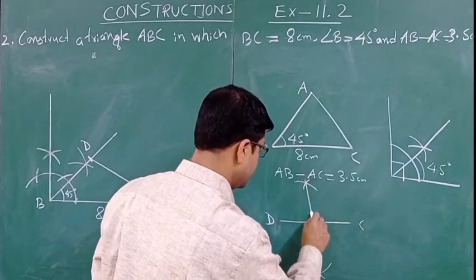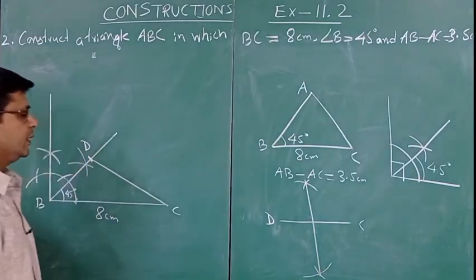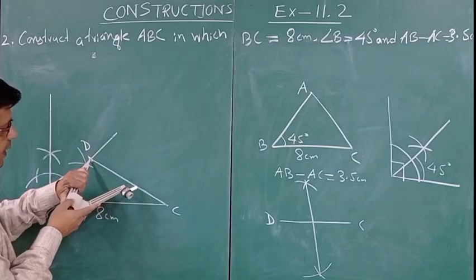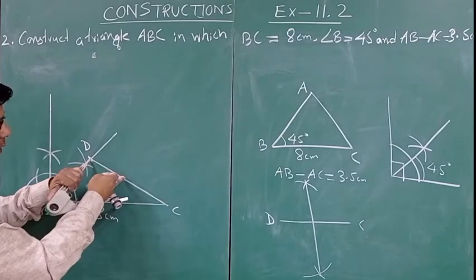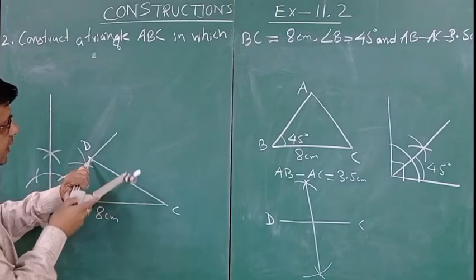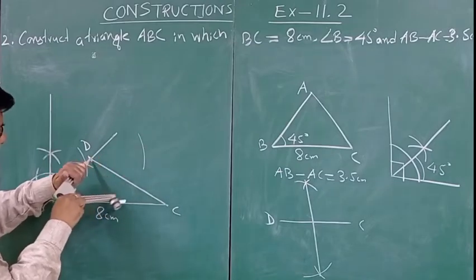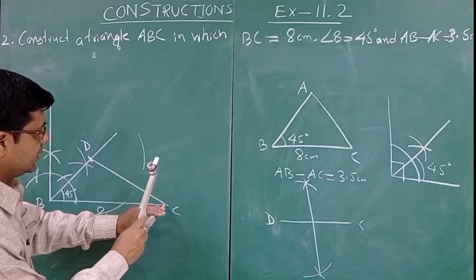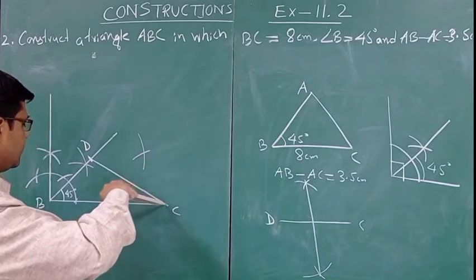This is the perpendicular bisector. Okay, approximately this is half, we have taken more than that. We draw an arc here also. Then we put the compass at C and draw one arc here.